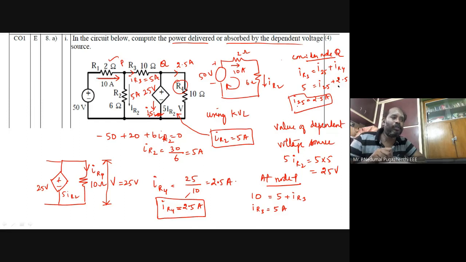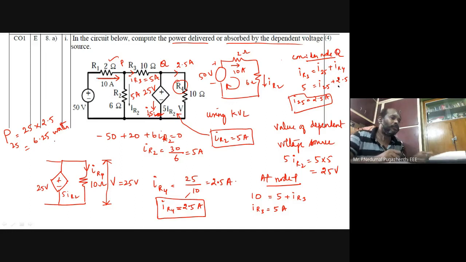So my conclusion is, the power delivered by this 25 volt dependent voltage source is the voltage, 25, into the current, 2.5. So how much do you get? 25 into 25 is 625, so it is going to be 6.25 watts.